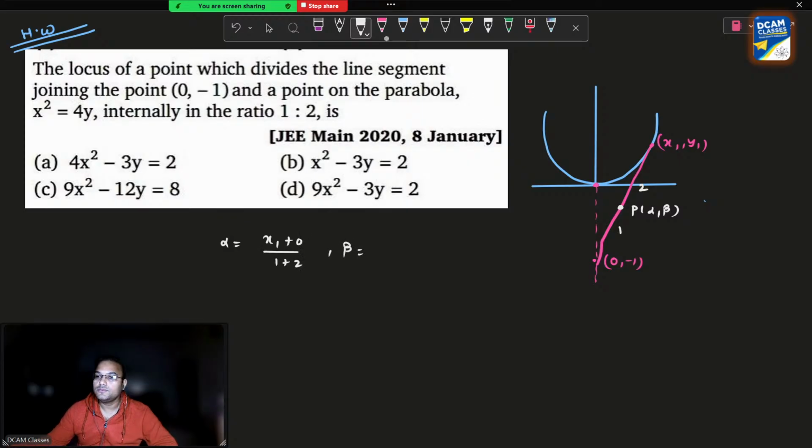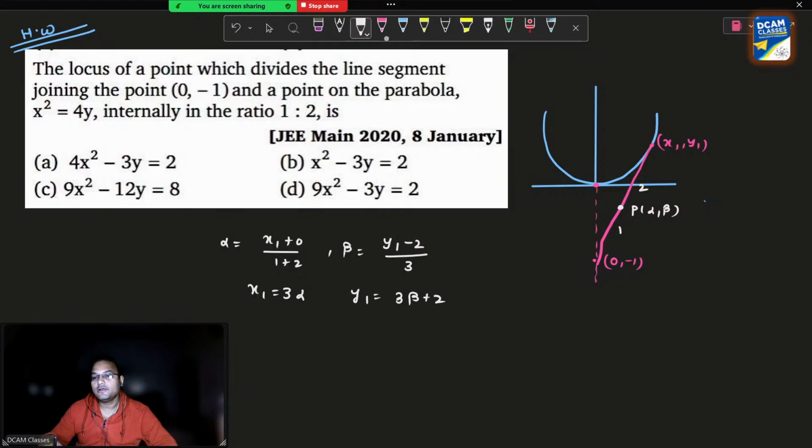Beta is equal to, I've calculated it, you'll get alpha equals x1 by 3 and beta equals (y1 minus 2) by 3. So x1 is 3 alpha, na? Yes, sir, I have calculated y1, this is equal to 3 beta plus 2. Okay, so you have got x1, y1.